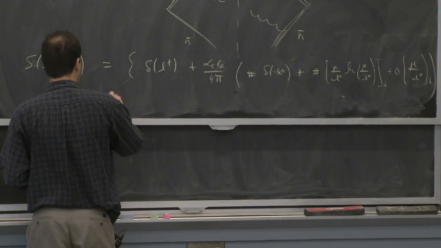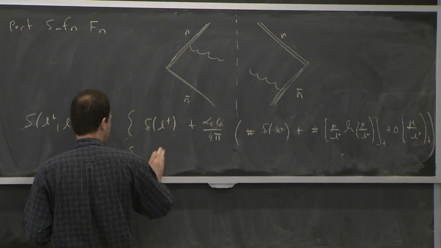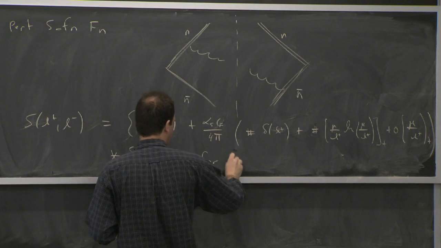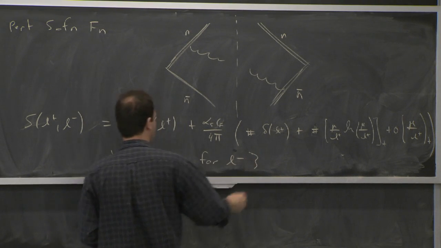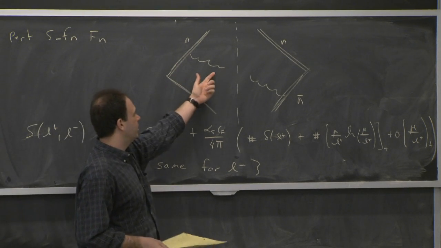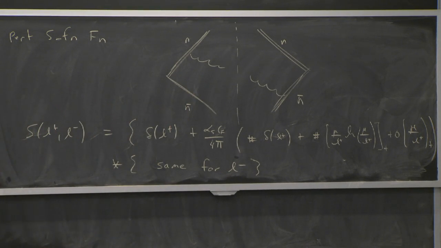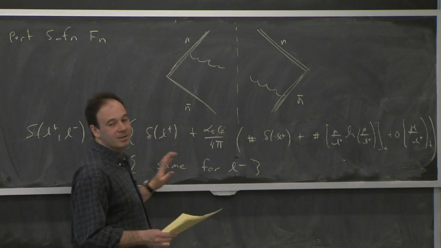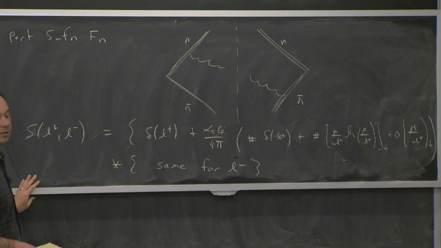And then the same for L minus, same structure. It's just a product, if you like. And the reason that happens is if you only have one gluon, it's either in hemisphere A or hemisphere B. It can't be in both. So the alpha S corrections are either a function of L plus or a function of L minus, and that's why it has a very simple structure at one loop.